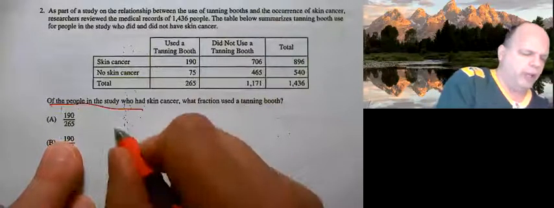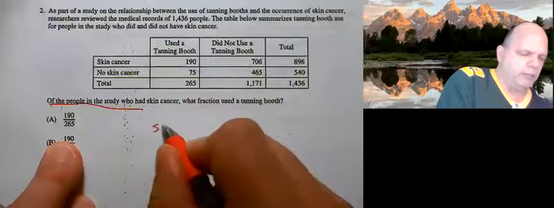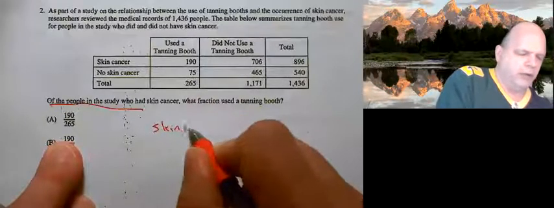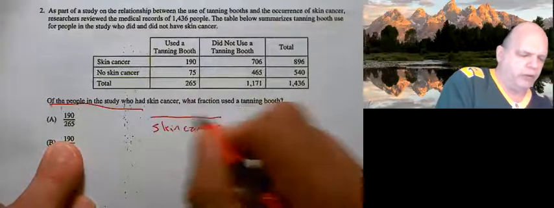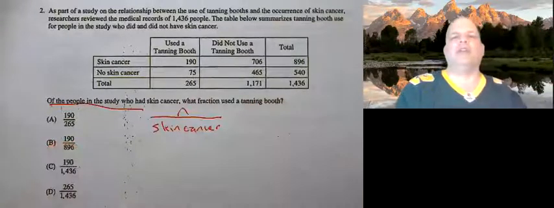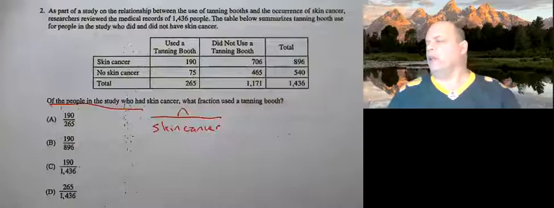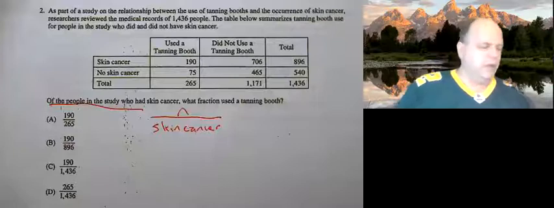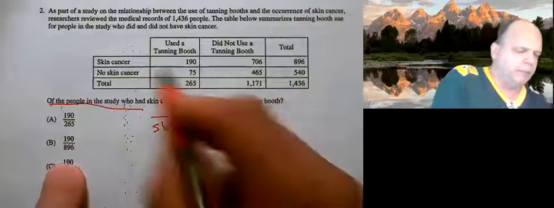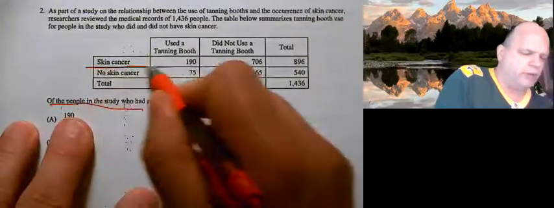So we're going to have skin cancer in the denominator, and then the intersection of skin cancer and tanning booth in the numerator. In the denominator, skin cancer, well, that's this group.